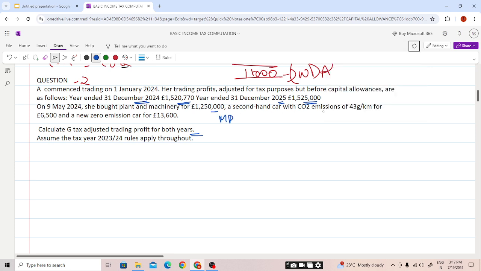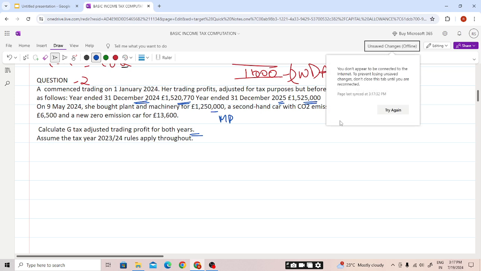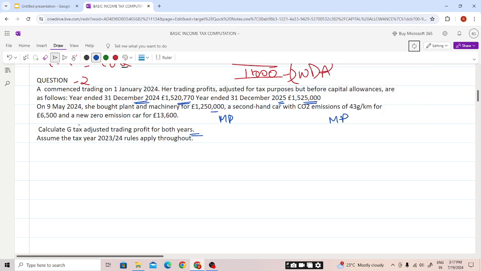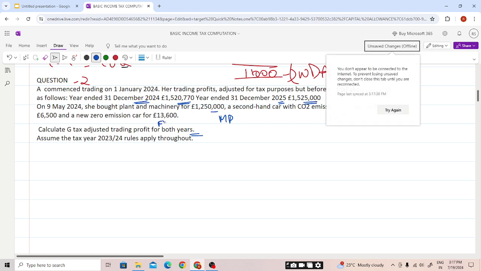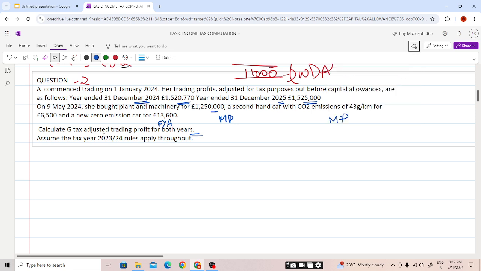Second-hand car with CO2 emission of 43 grams per kilometer, it will be main pool. And a new zero emission car, so FYA will be available on this. Now we need to calculate the tax adjusted trading profit for both the years, students.